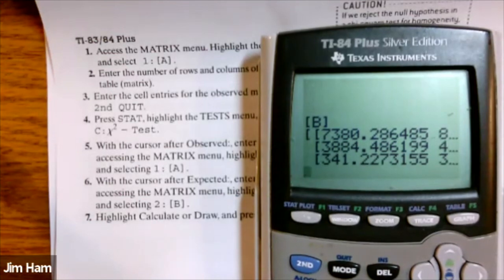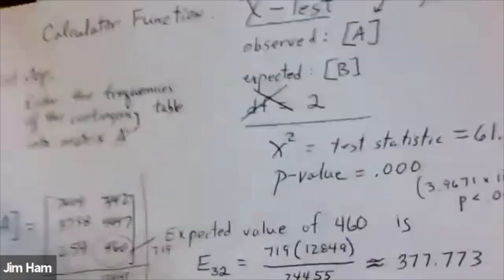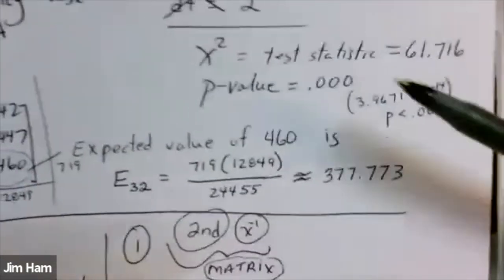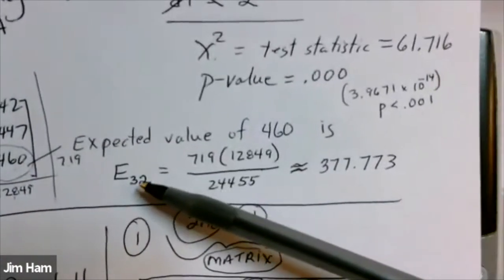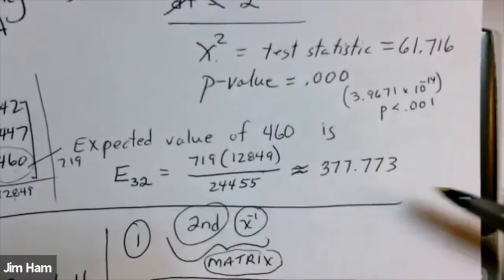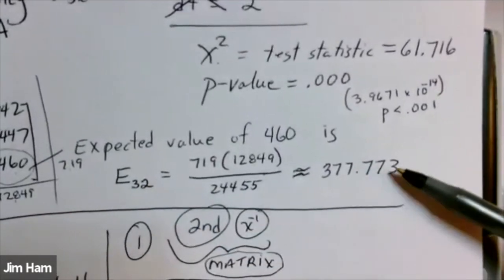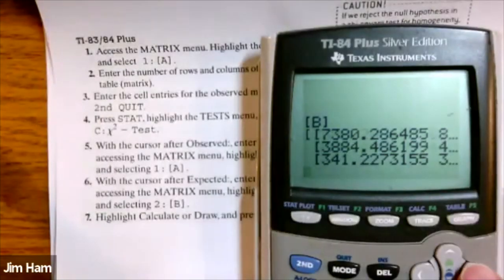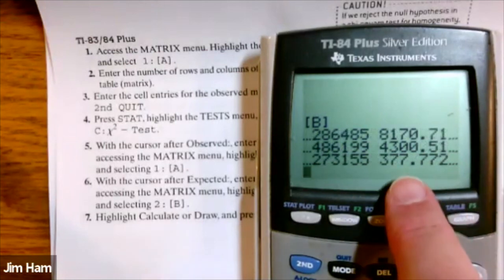I want to show you that we did calculate one of these expected values at some point. Yep, here it was. We calculated the expected value in row 3, column 2 to be this number right here. Notice that if I scroll over here, there you see that number.